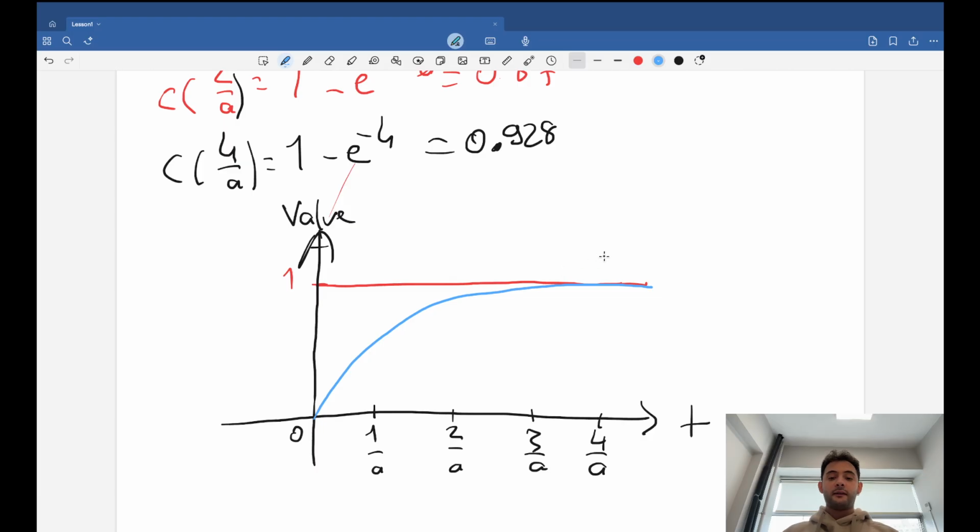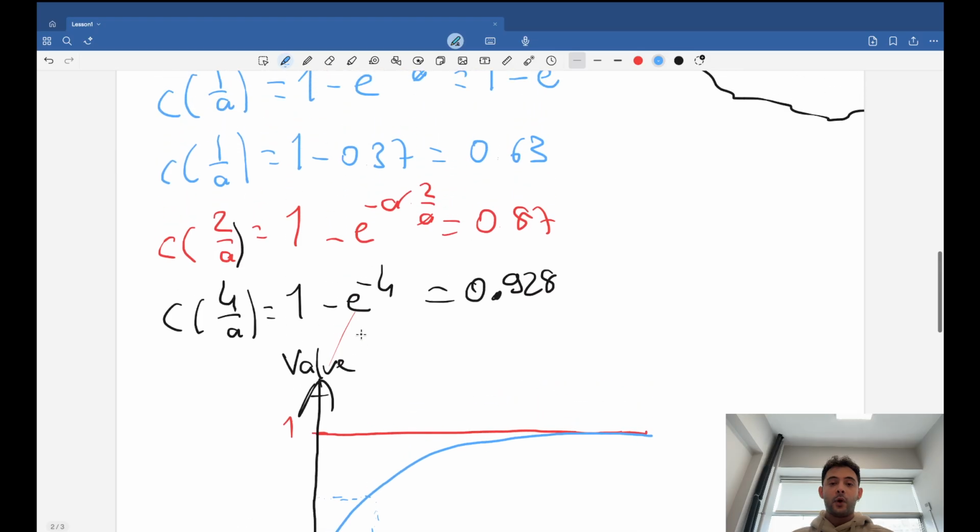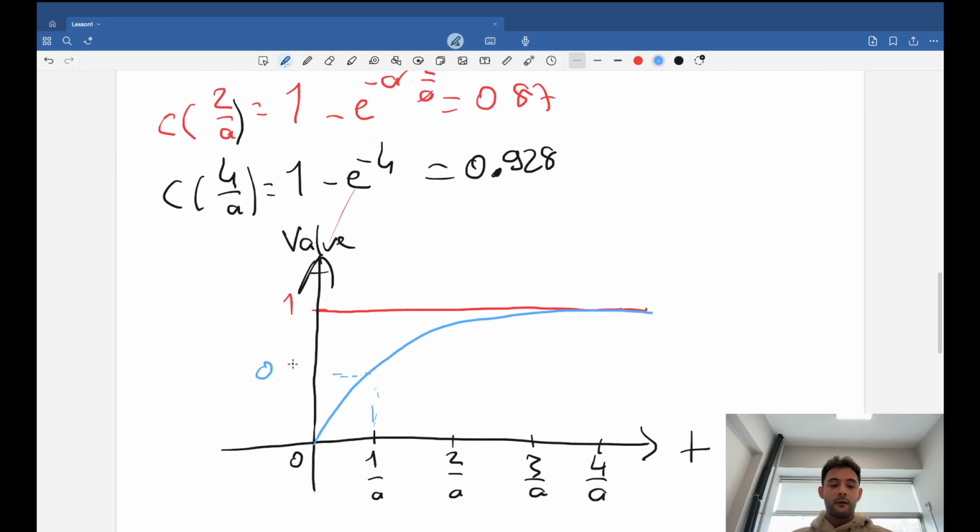All right, so I think that's a good point. So at 1 over a, I found my value as 0.63, right? At 4 over a, the value is almost there, 0.982, and it goes like that.